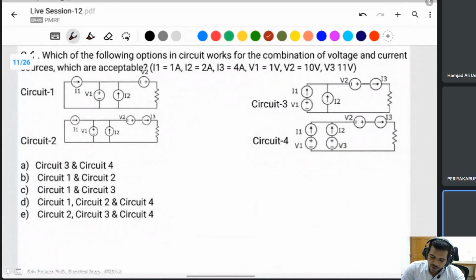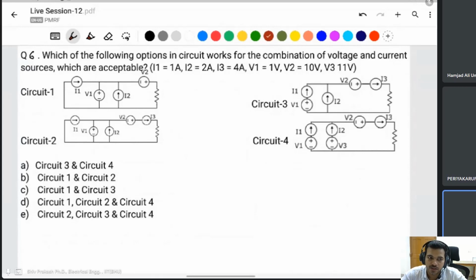Which of the following options in the circuit works for the combination of voltage and current sources which are acceptable? Here I1 is 1 ampere, I2 is 2 ampere, I3 is 4 ampere, V1 is 1 volt, V2 is 10 volt, V3 is 11 volt. The question asks which circuit is valid and which is not.